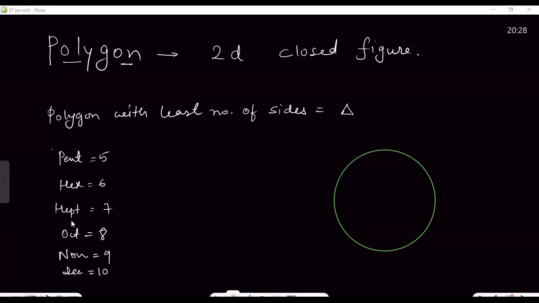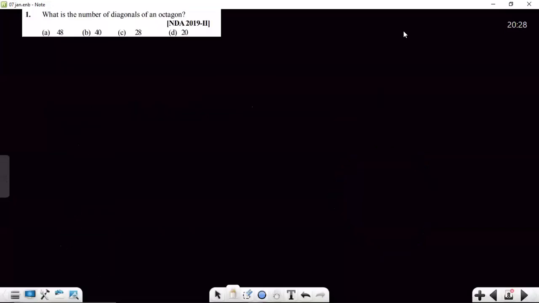Yes. So let's go to the question. The question is asking for the number of diagonals of an octagon. We have already discussed the formula, which is nC2 minus n. The reason I have discussed earlier.